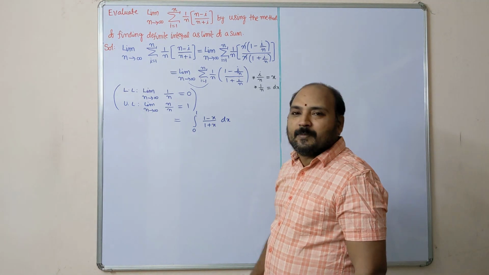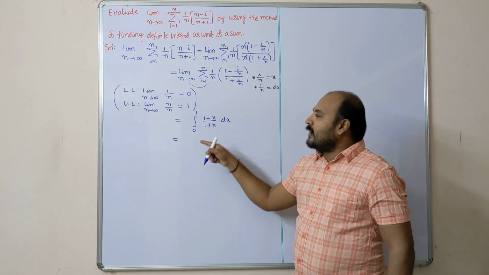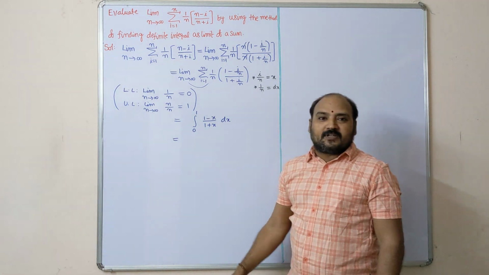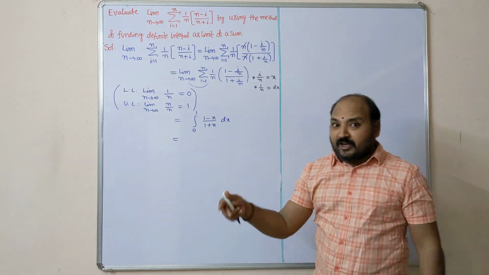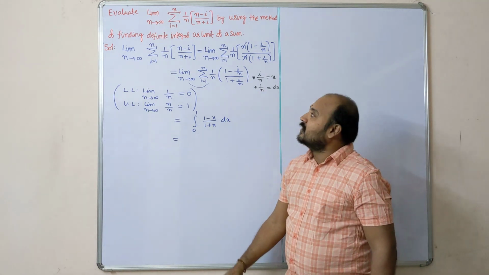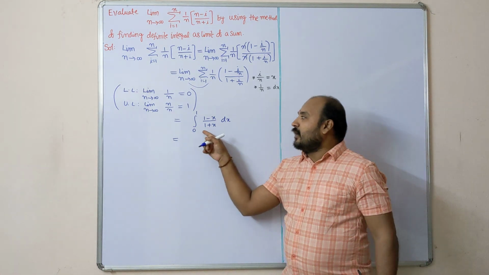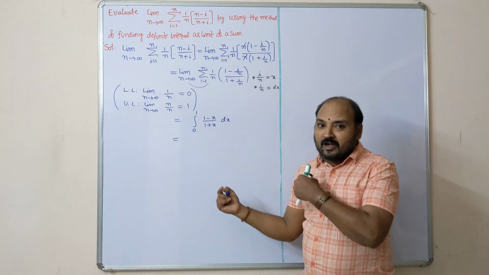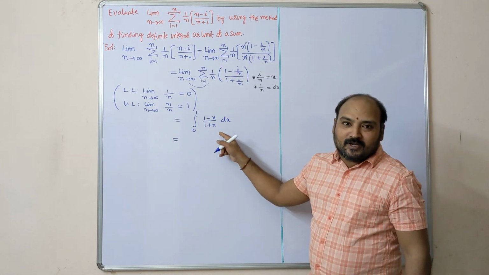How to integrate this type of problem? Integral 0 to 1, (1 minus x) by (1 plus x). I want to solve this type of problems, important for 2 marks in definite integration, other than summation as definite integral as limit of sum. In terms of the denominator we have to write the numerator. So 1 plus x is there now in the denominator.